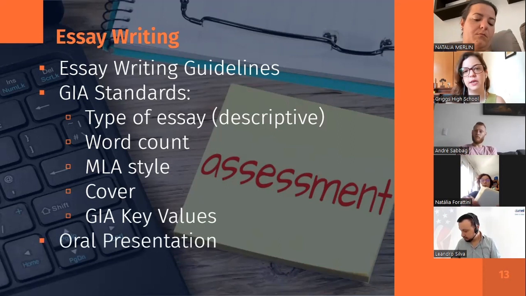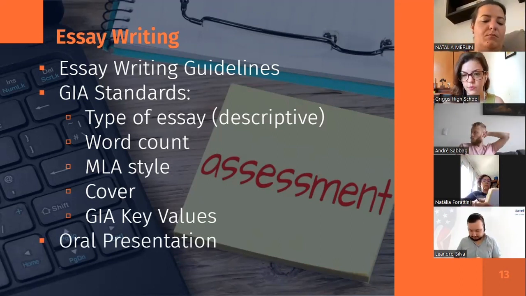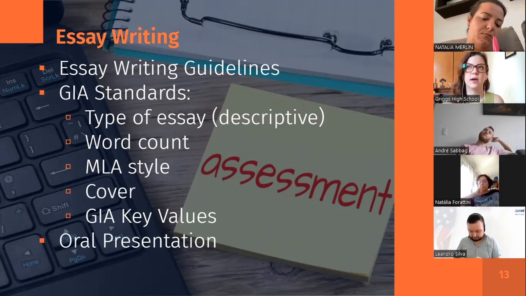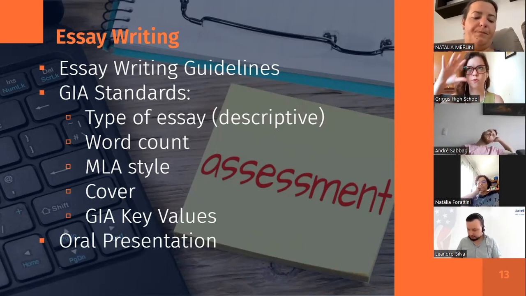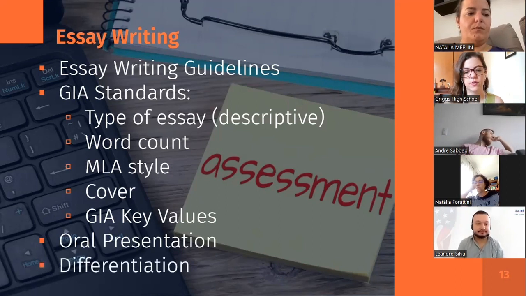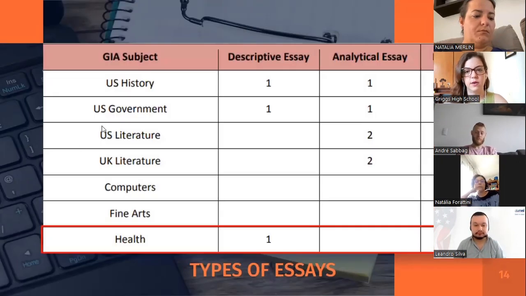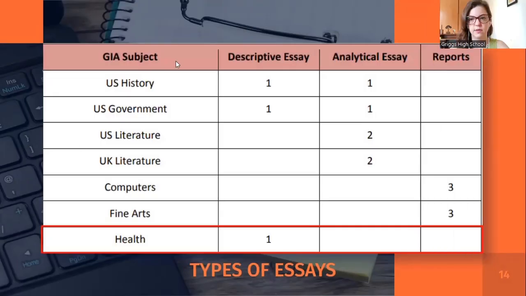And there must be an oral presentation about the essay, where the students will present what they found out and their reasoning throughout the essay. And of course, always account for differentiation, considering the different possibilities for the students. Okay, so this is the type of essay for health, descriptive essay.